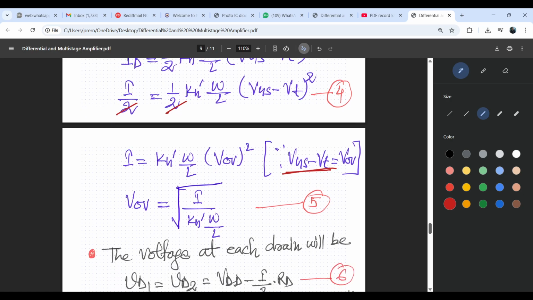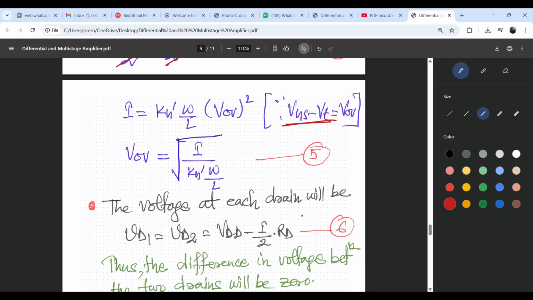So the overdrive voltage is that, and the voltage at each drain will be simply VDD minus I by 2 RD, because this one is our VD voltage. Here this one is the resistance RD, and the current going through it is I by 2. So VD1 can be written as VDD minus I by 2 into RD, which we have already written here.